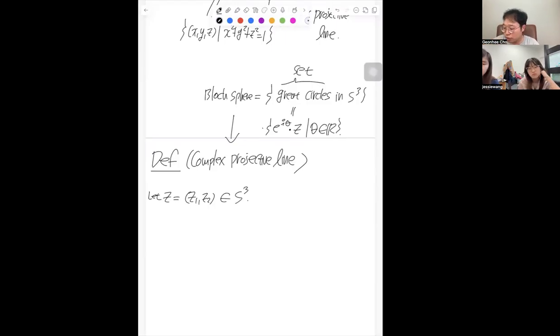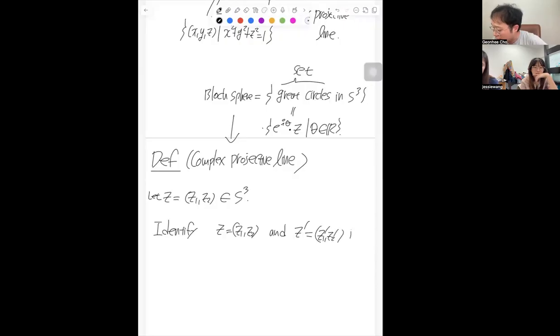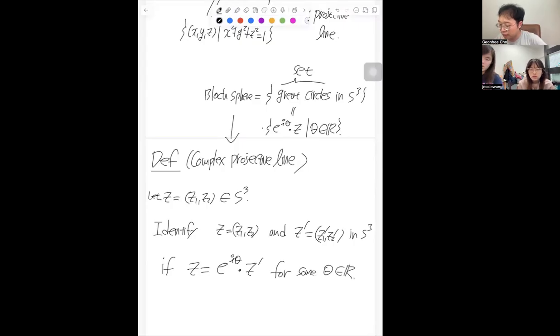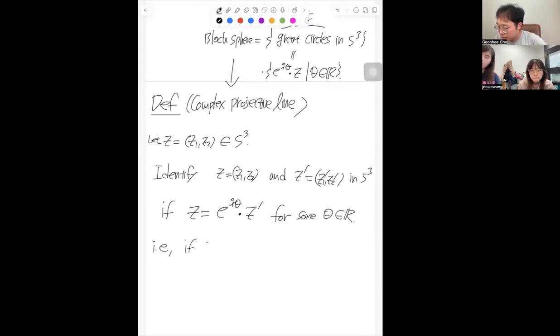So what we do is we identify z consisting of z1, z2, and z prime consisting of z1 prime, z2 prime in S3 if z equals e to the i theta group action with z prime for some theta, i.e., if z consisting of z1, z2 is written as e to the i theta times z1 prime with z2 prime, or you can write this as e to the i theta z1 prime, e to the i theta z2 prime.